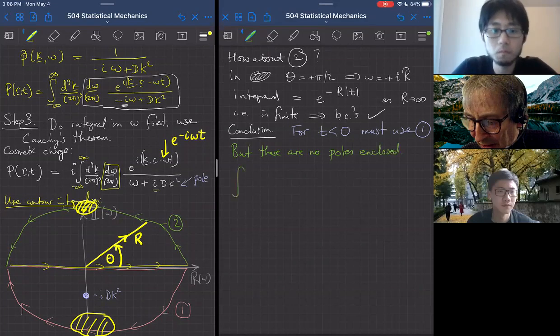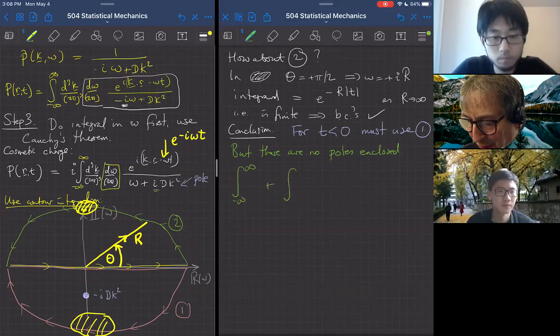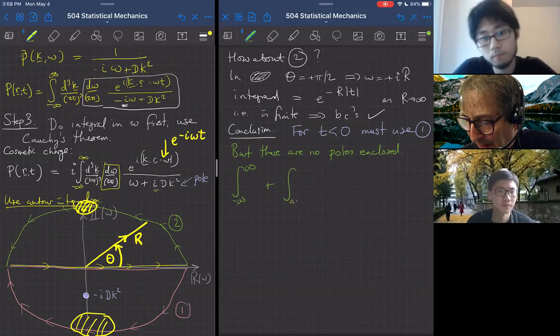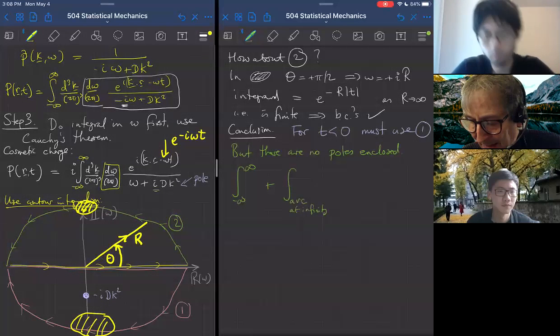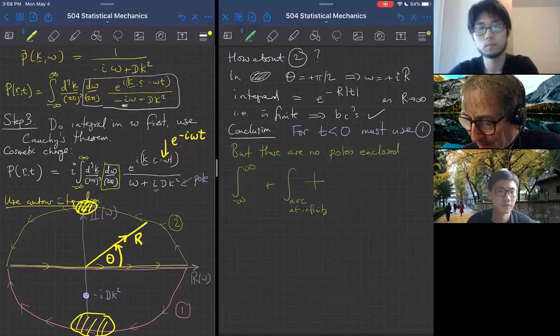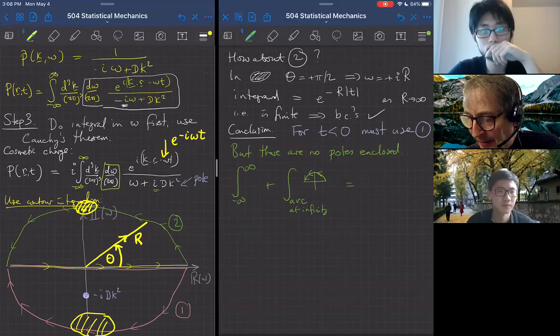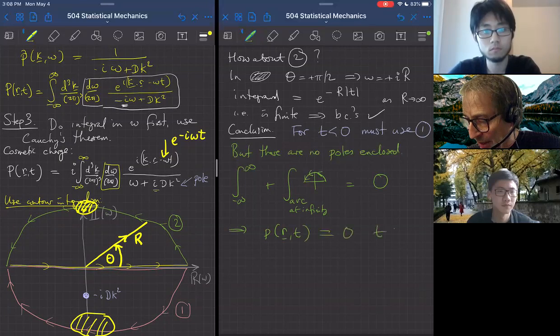So what that means is that the integral that we want, plus the integral over the arc at infinity, and it's this arc, is equal to 0. And so therefore, what we know is that P of R and T is equal to 0 for T less than 0.